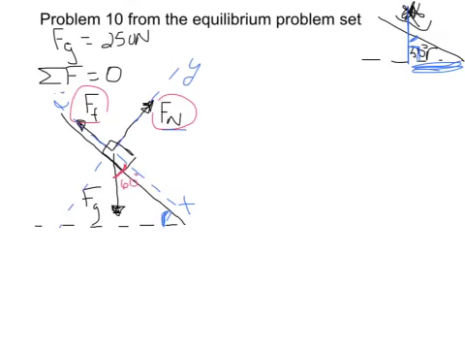And gravity is the force that we're going to have to break into its component parts. So it needs an x component and a y component, and that just means that it has to be along the x-axis and along the y-axis. So in the x-axis, gravity goes over, and it's only going to go over as far as gravity is wide in the x-axis.